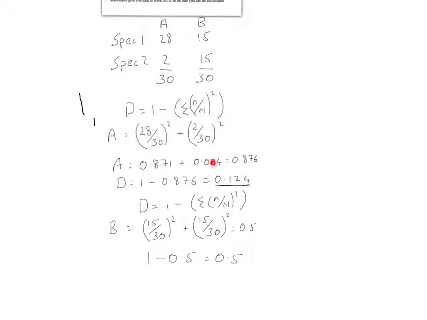Add all that up and you get a value of 0.876, but it's 1 minus that, and that gives us a value of 0.124.